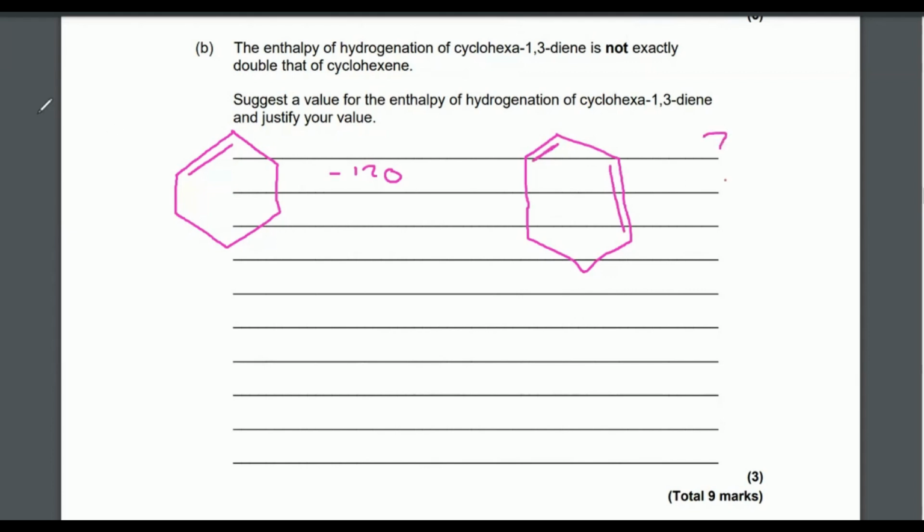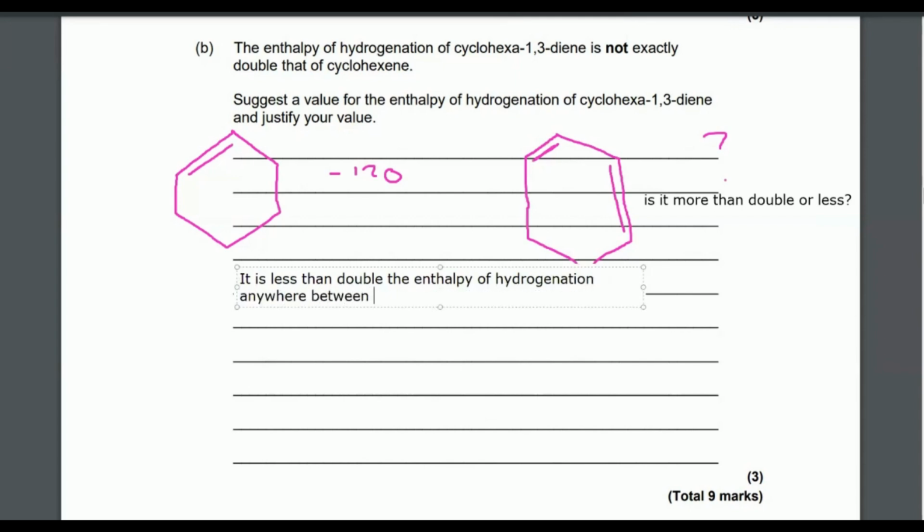If you had 2 double bonds, it should be minus 240 kilojoules per mole. But what they're saying is it isn't minus 240, and you'll get a mark for saying it's less than 240. You need to state somewhere between minus 121 and minus 249, so that you've appreciated that it's more exothermic than minus 120, but less exothermic than minus 240.